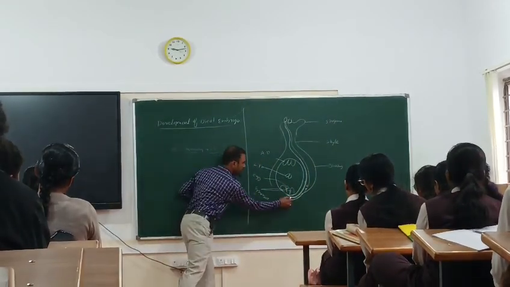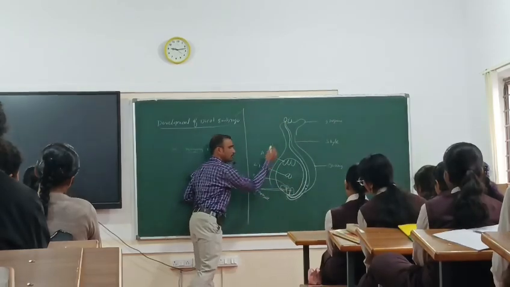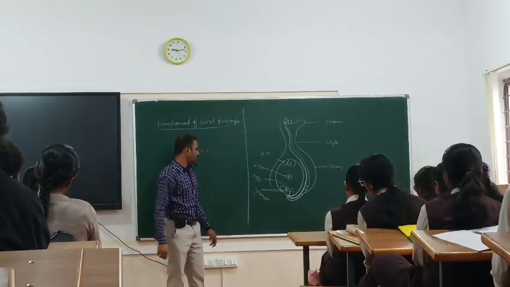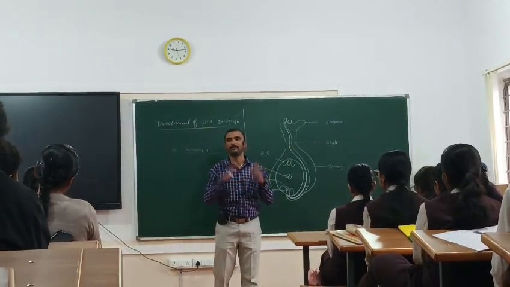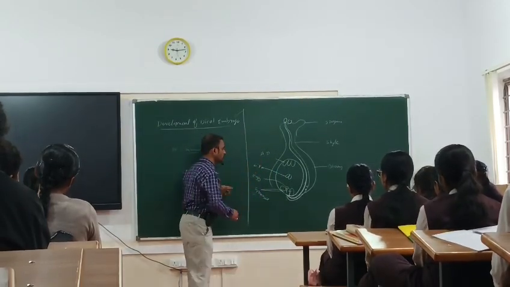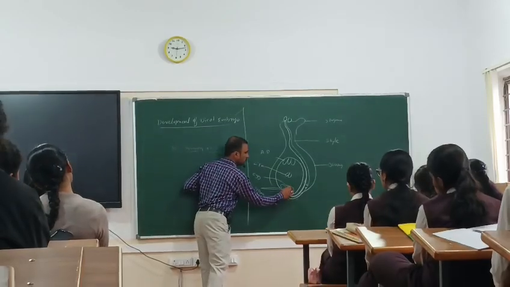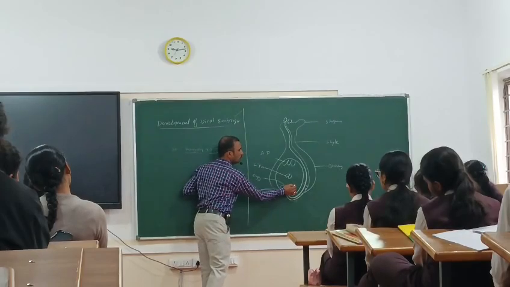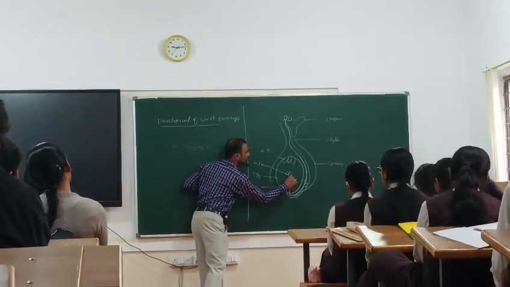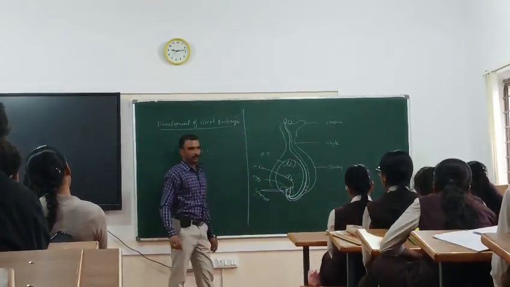Next, when the male gametes enter the ovule, what happens immediately? Due to endosmosis, the pollen tube ruptures and the two male gametes are released. Now one male gamete fuses with the secondary polar nuclei.